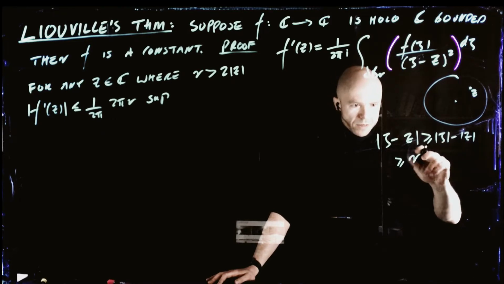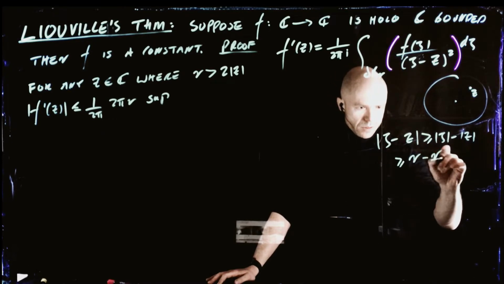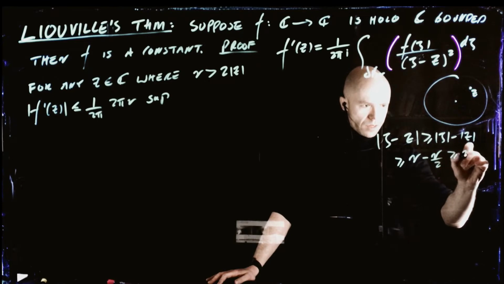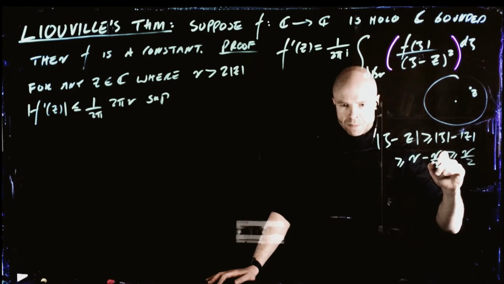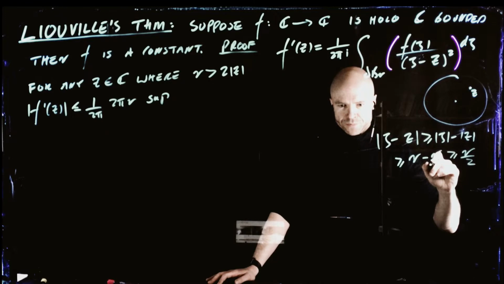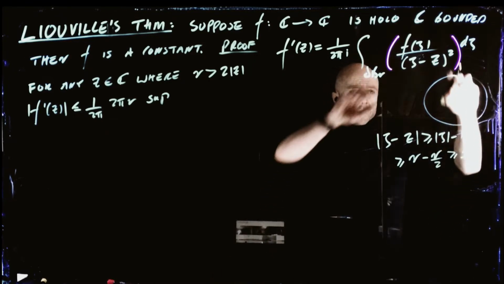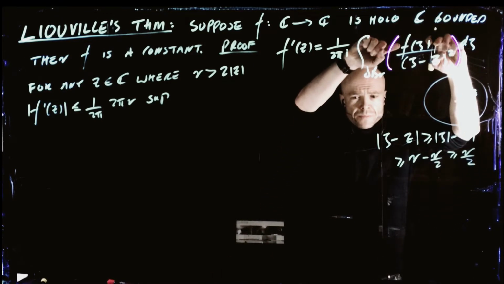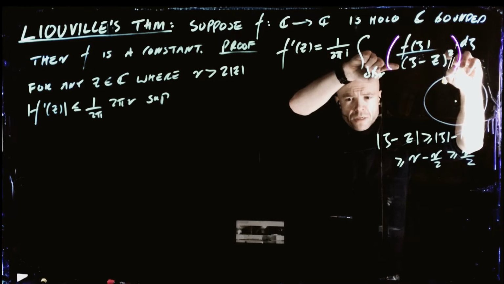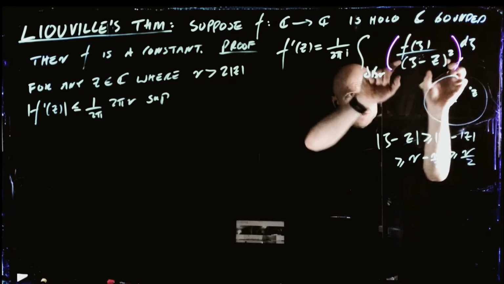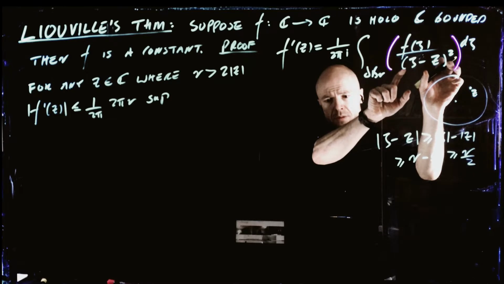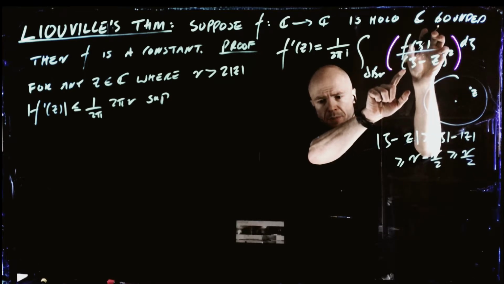So if we subtract half of r, then we still have this inequality. So this is bigger than r over 2. So when we take absolute values, it will be bounded above by the biggest value the numerator can be over the smallest value the denominator can possibly be.